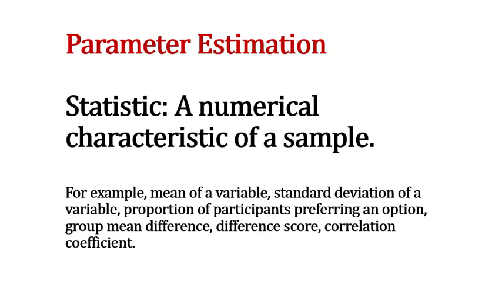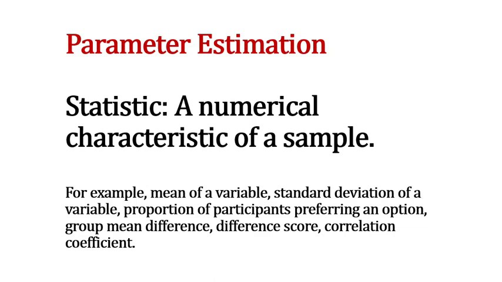Another concept in parameter estimation is a statistic. A statistic is a numerical characteristic, but not of the population, rather a numerical characteristic of the sample that we collected, that we extracted from that population.